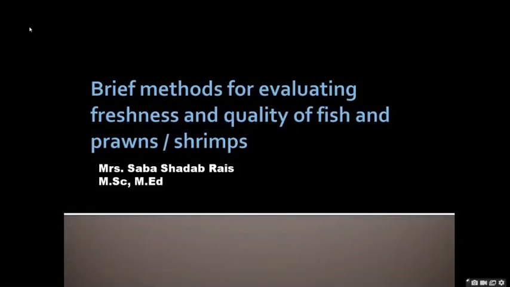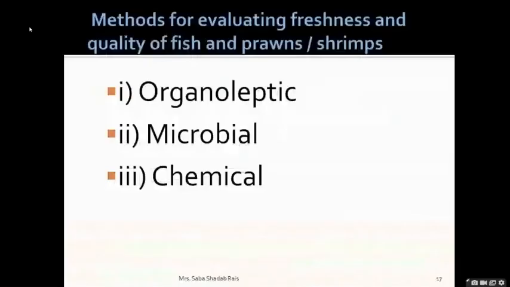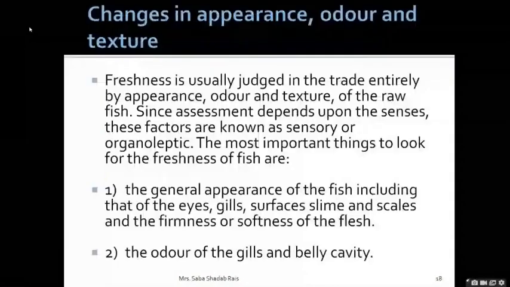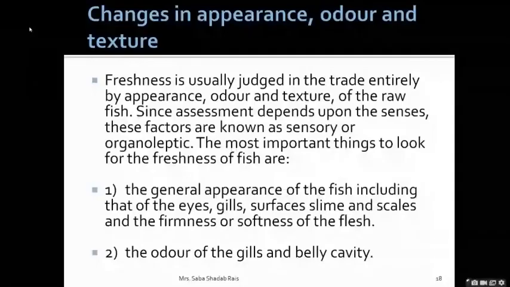How can we evaluate? But before evaluating, one must know what changes are going to occur, what we are actually going to evaluate, right? Those who eat fish know very well that by its texture and odor, if it is stinking, that means the fish is not proper.